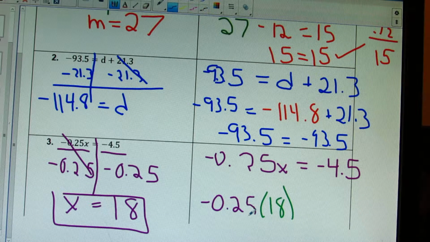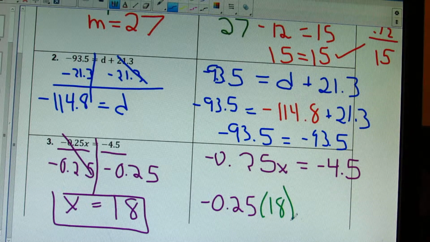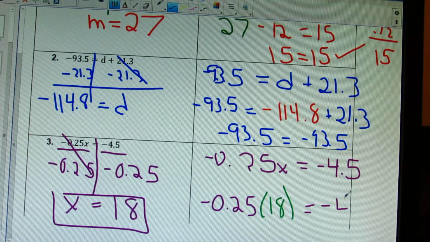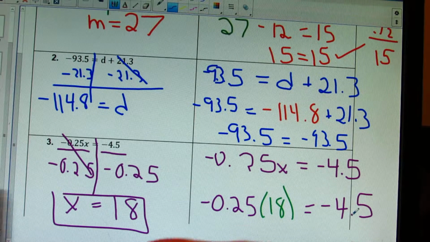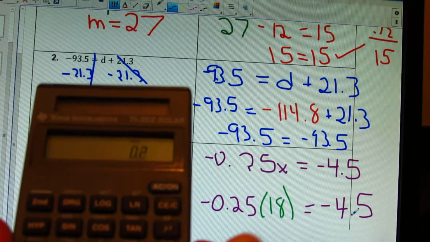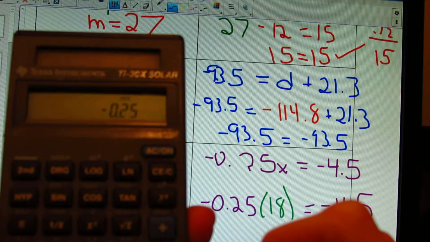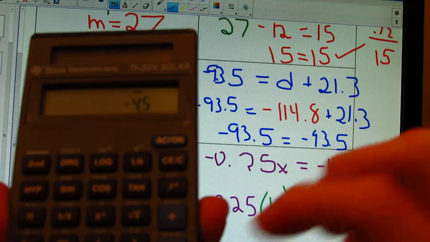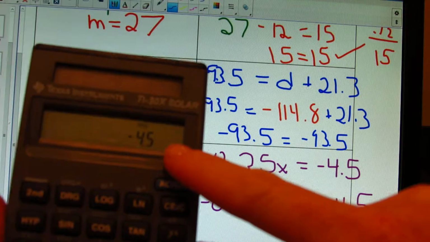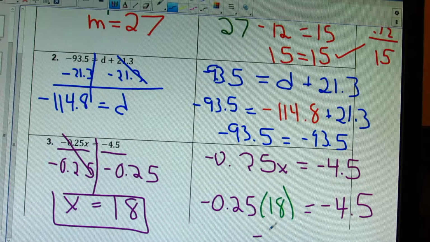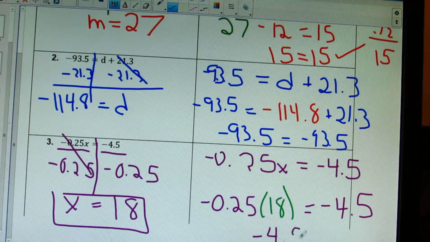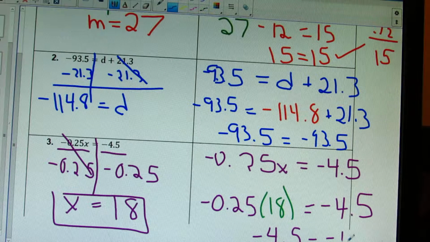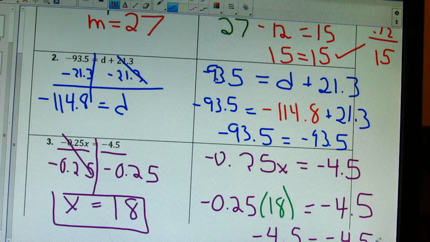Otherwise, it would just look like a really long decimal without these parentheses here. And again, double check your answer in your calculator. Negative 25 hundredths times 18 should get you negative 4 5/10. And it does. You're going to feel a lot better leaving the test knowing that you got the right answer because your check actually worked out.